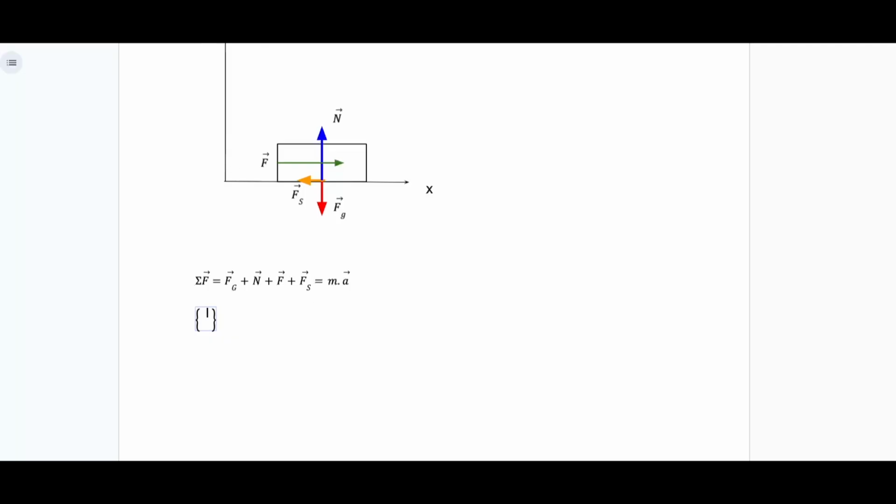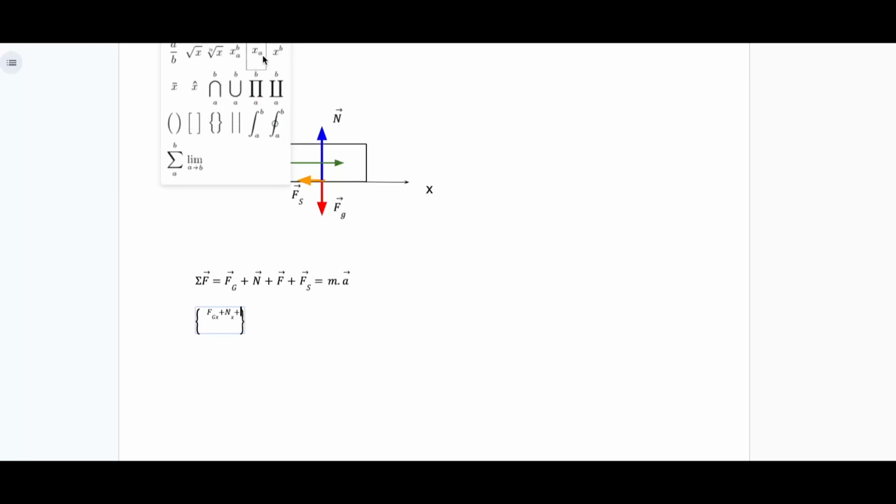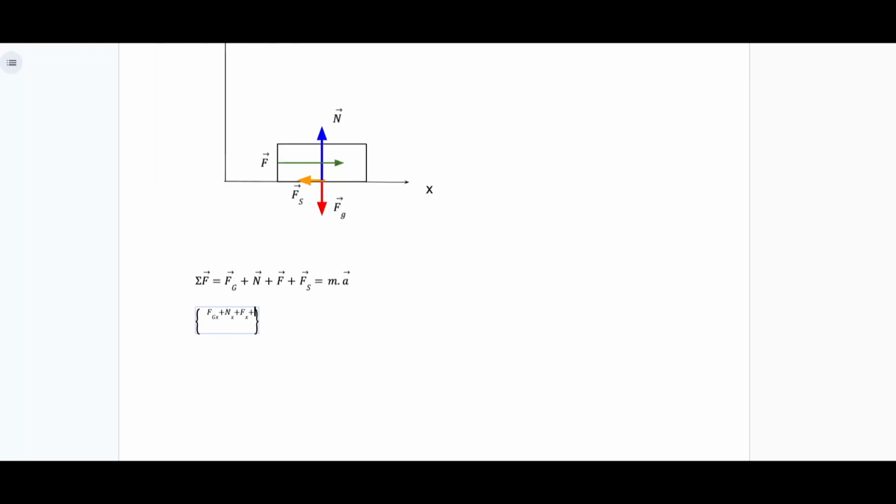For that I need two lines because I'm in 2 dimensions. The upper line would be Fgx plus Nx plus here Fx plus Fsx. And the bottom line would be exactly the same, but with y's instead of x's.